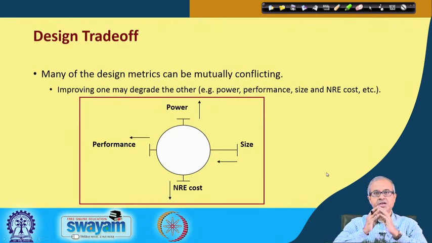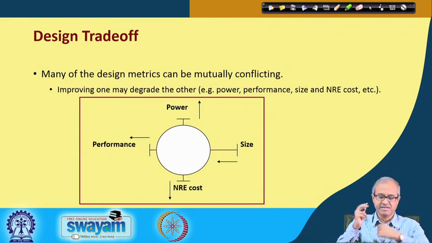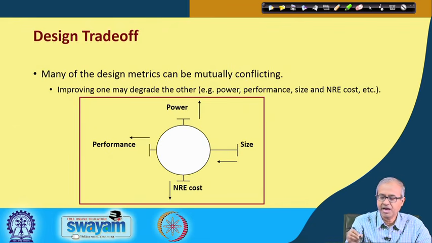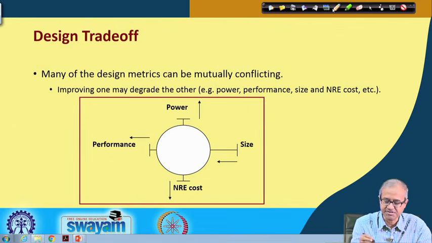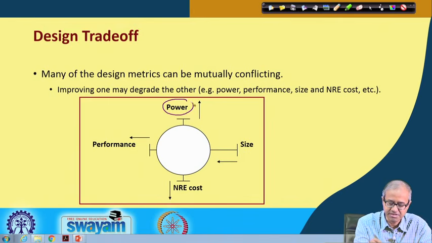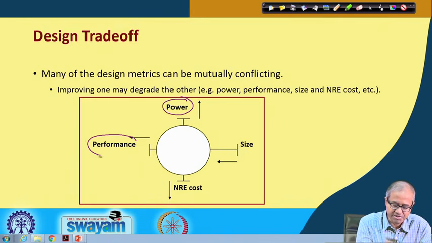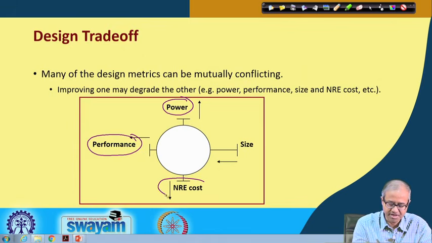Talking about design trade-offs, we have already mentioned earlier that there can be several design requirements which are mutually conflicting. Here in this diagram, I am showing 4 such metrics: power consumption, performance, non-recurring expenditure and size.